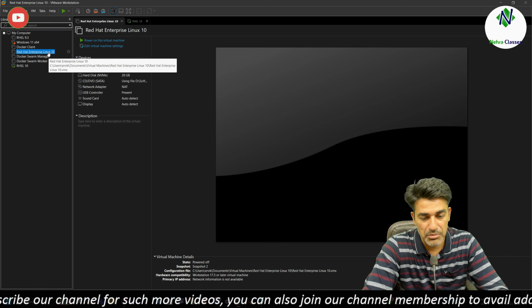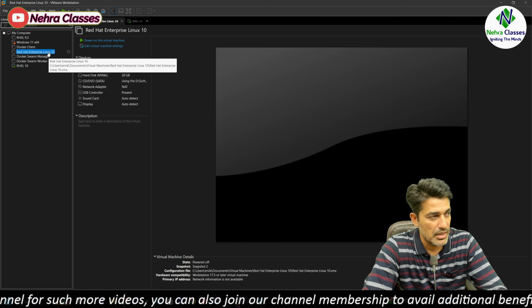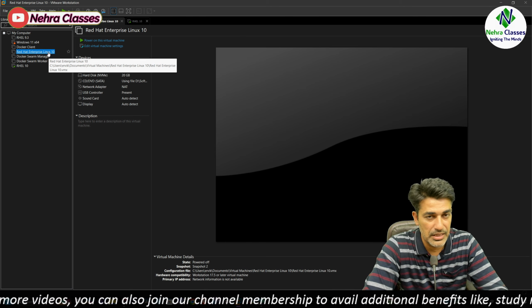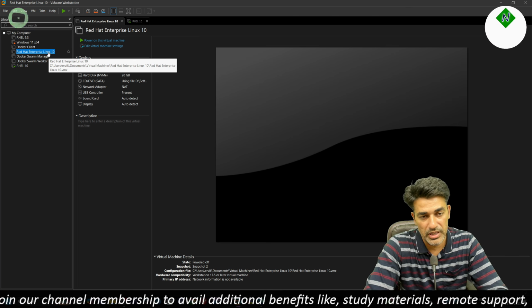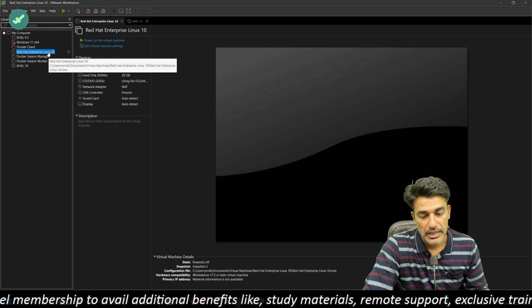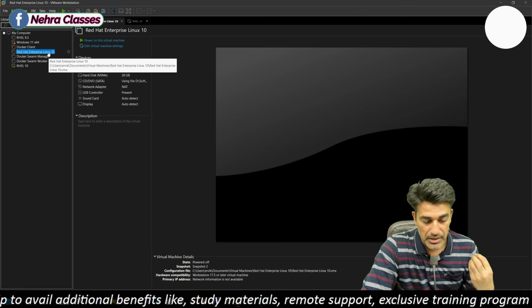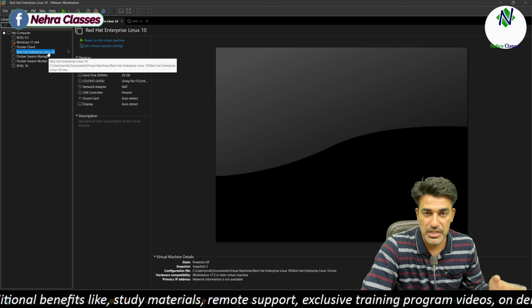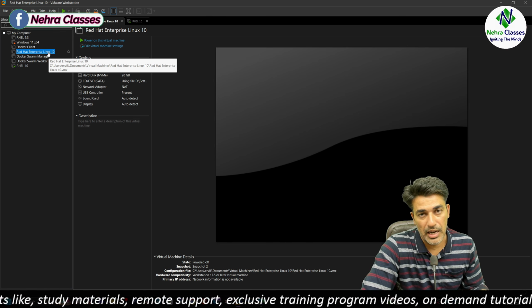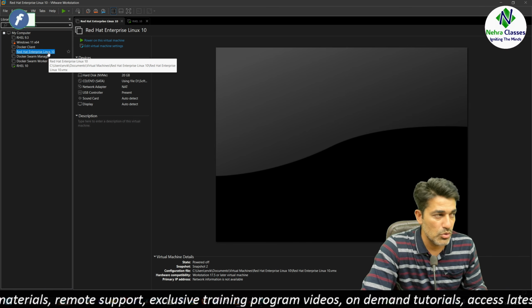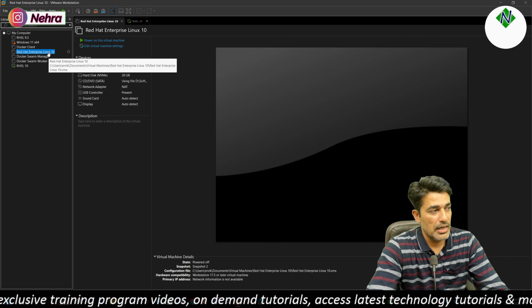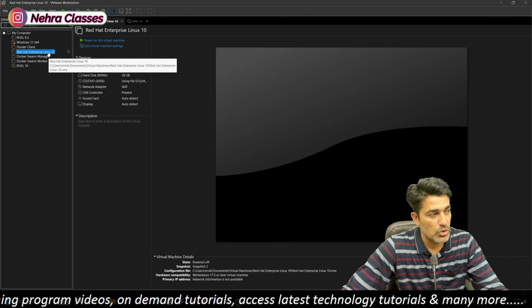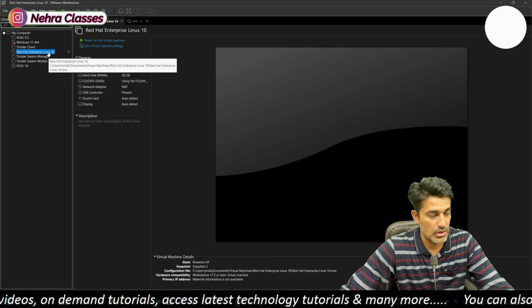You can create multiple virtual machines as per your own requirement. You can delete them, you can remove them, you can take the snapshot, you can restore them, you can do whatever you want with a fraction of clicks. But if you do the same task on a physical machine, it would be very difficult and time taking. So I will personally recommend you only use virtual machines for the practice, and I will recommend you to take the snapshot in the beginning once you install the machine.